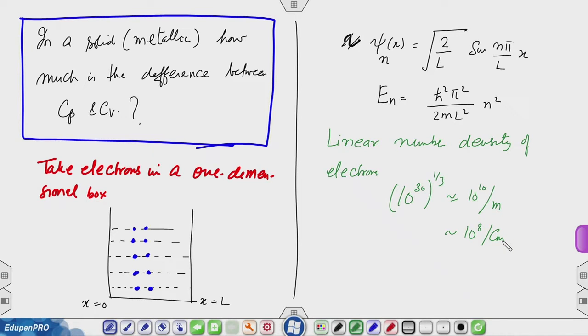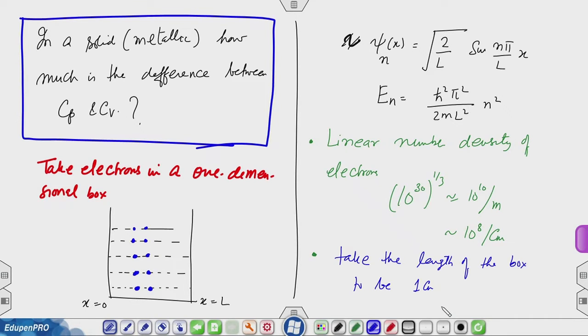So, I want to fill in 1 centimeter 10 raised to 8 electrons. So, that is number 1. Point number 2, therefore, take the length of the box to be 1 centimeter.